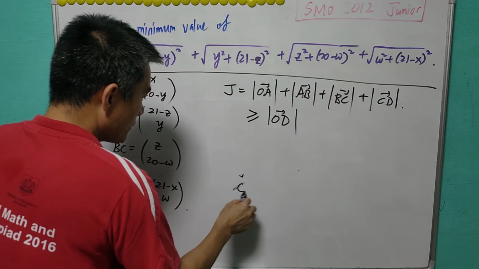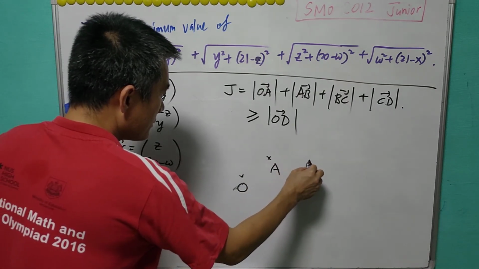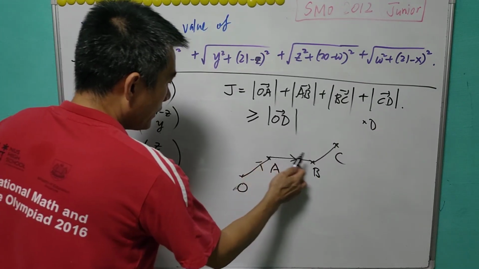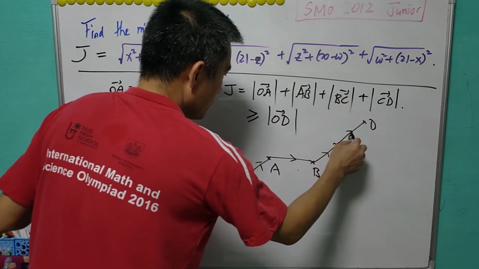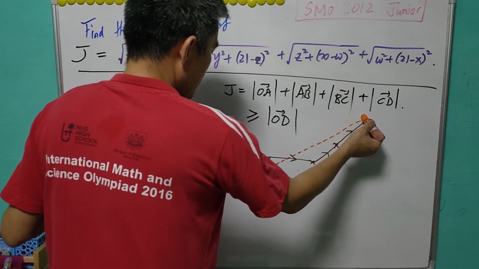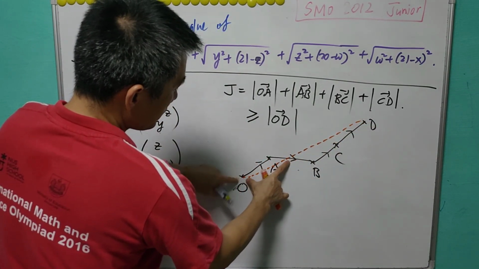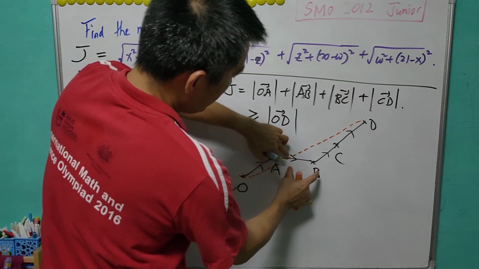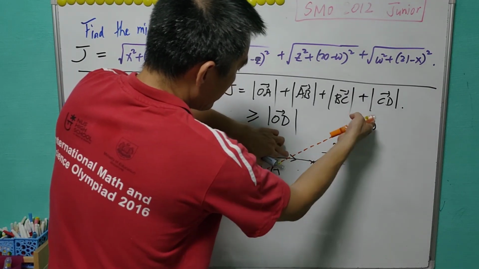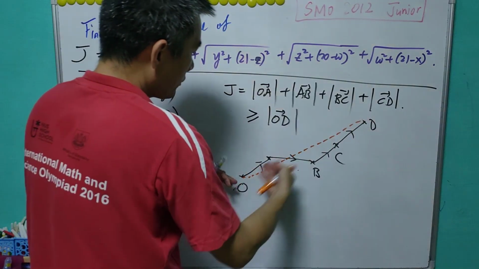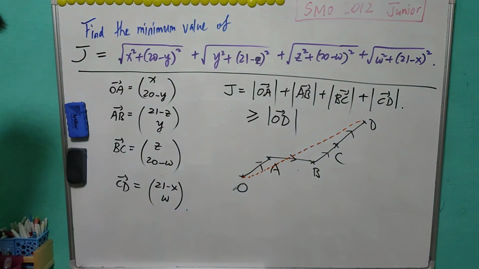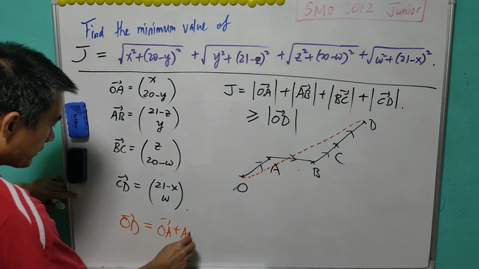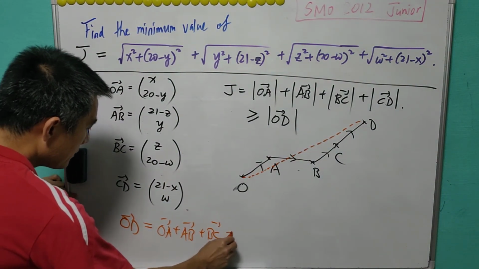We can imagine that this is O, this is A, this is B, this is C, and this is D. O to A to B, B to C, C to D. It must be at least the length of BC, because from here we know that this portion is smaller than the sum of these two using the triangle inequality. Similarly, the sum of these two lengths is greater than this portion, and therefore the minimum must be at least OD.